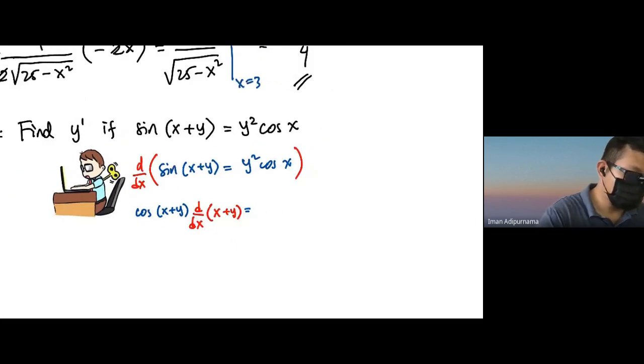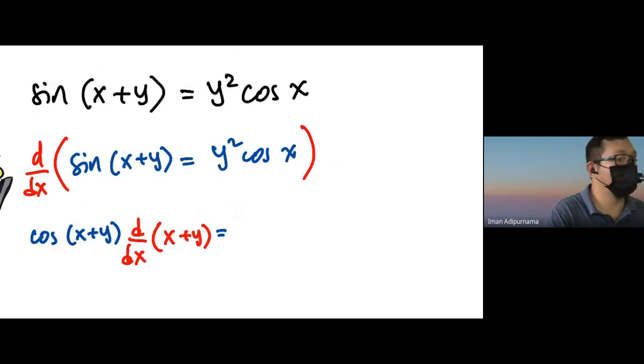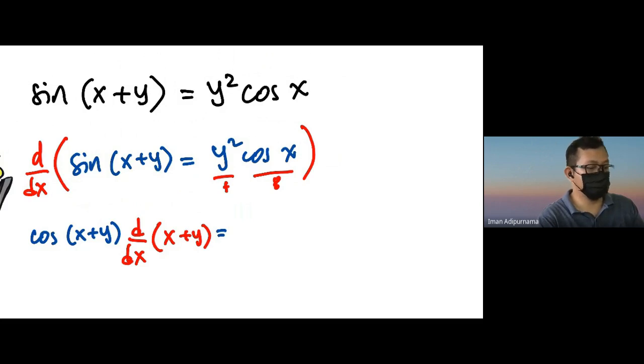And this will be, remember, we have y squared cosine x. So this is f, this is g. We need the product rule here, right?